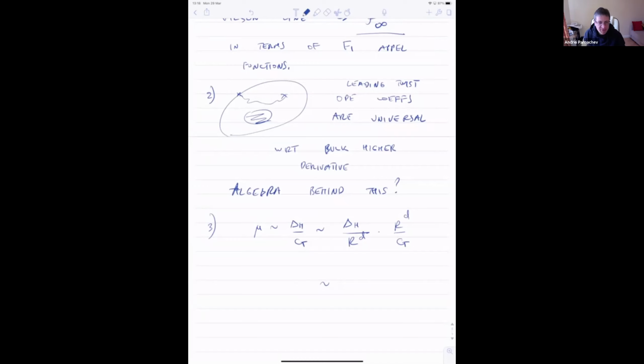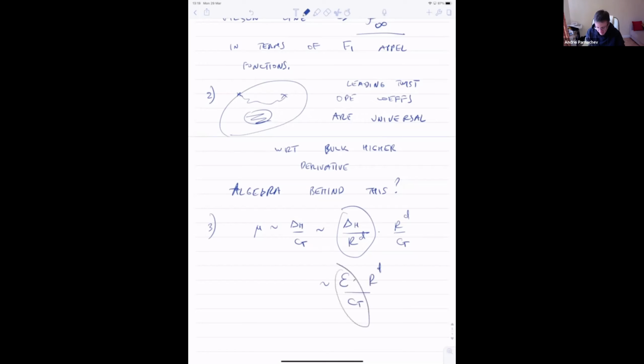Now I was writing this mu, so delta H over Rd is delta H over R, which is the energy of the state, divided by R^(d-1), which is the size of the d minus 1 dimensional sphere. Remember, we're in a cylinder. So this is just the energy density times Rd over Ct.